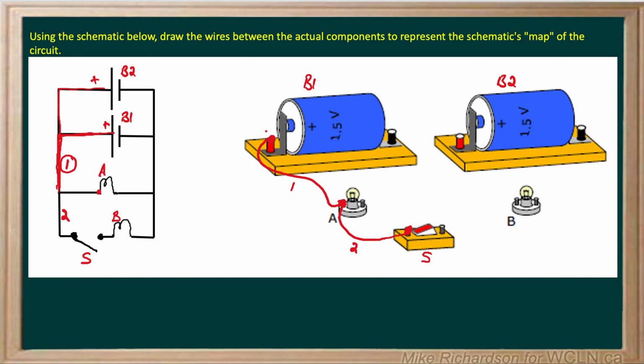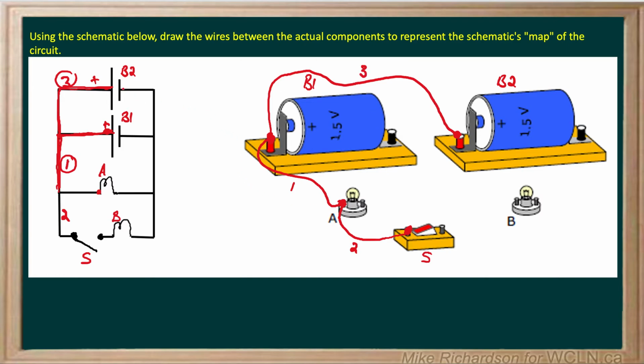So I'm going to connect a wire from the positive terminal of battery 1 to the positive terminal of battery 2. And I'm going to call that wire number 3. So that's this little wire right here, wire number 3.